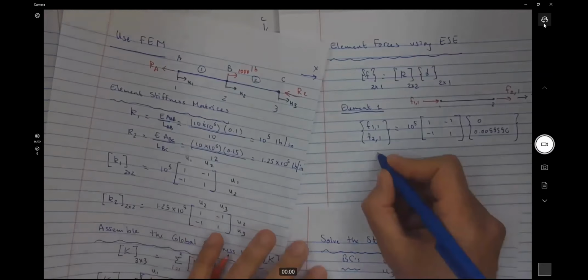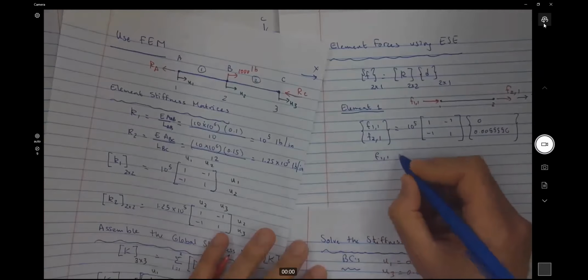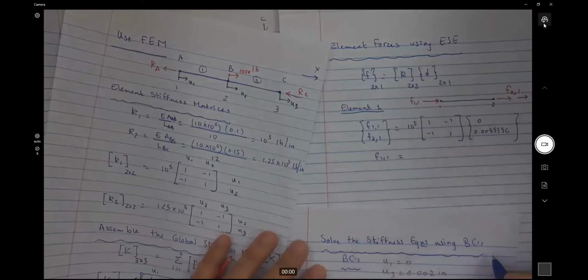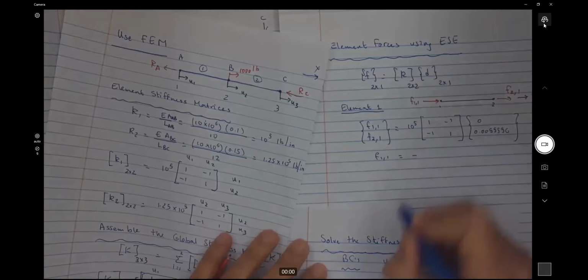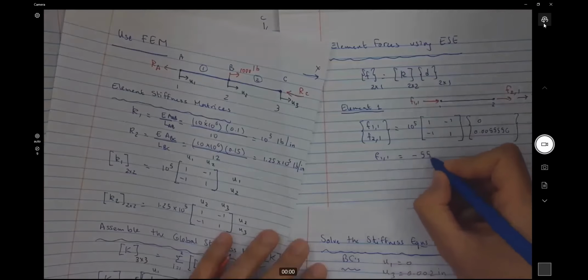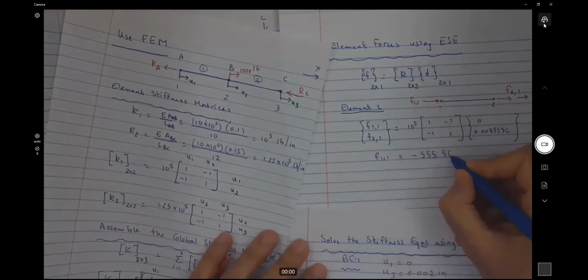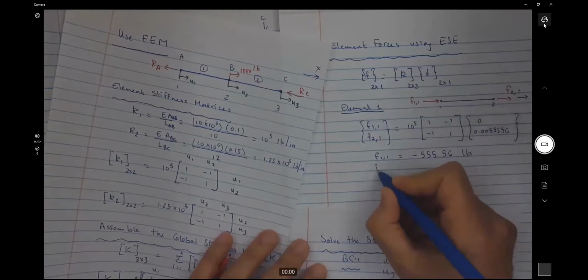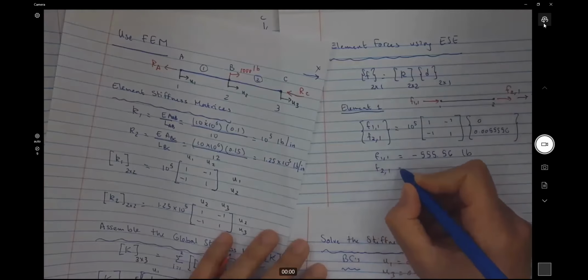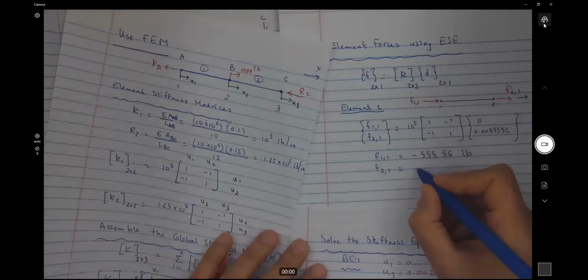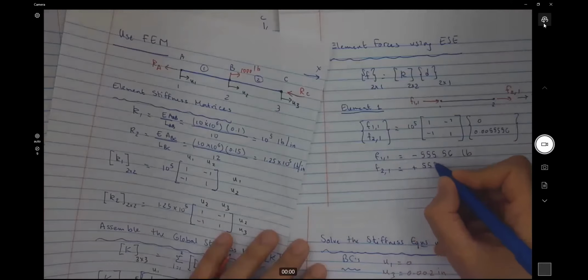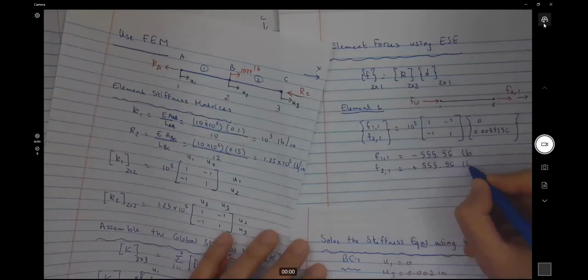When I solve this, we'll find that F11 is equal to a minus 555.56 pounds. And F21 is equal to a plus 555.56 pounds.